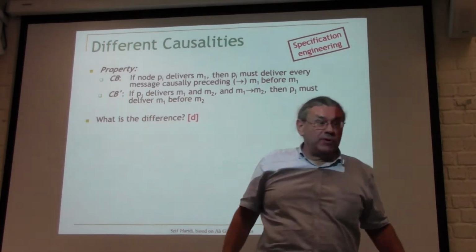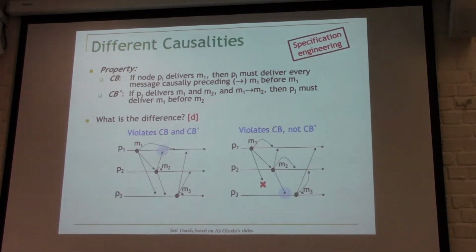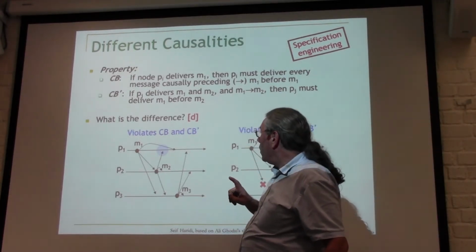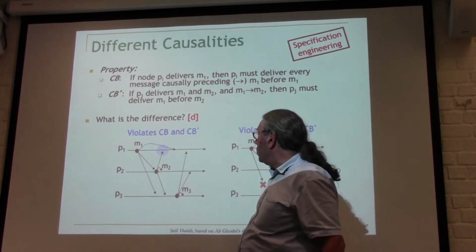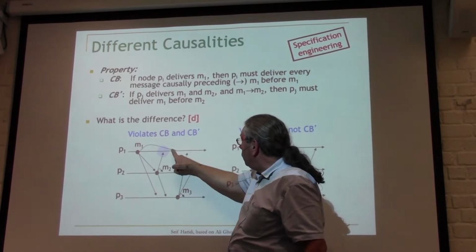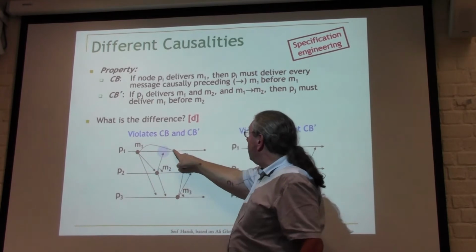So CB prime is actually weaker than the other one. So let's look at some scenario here. So here's a scenario on the left. Okay. M1 before M2 before M3. But M2 here is delivered before M1. So P1 is delivering M1.